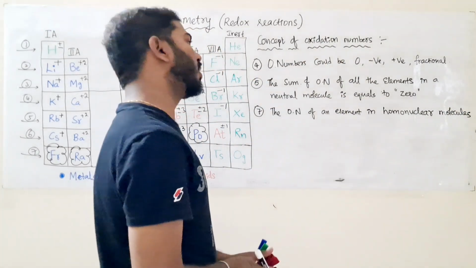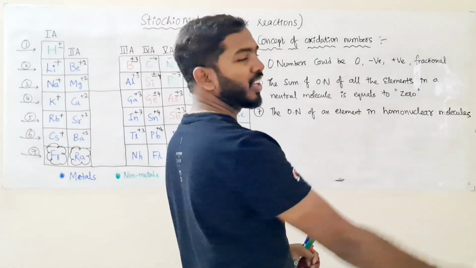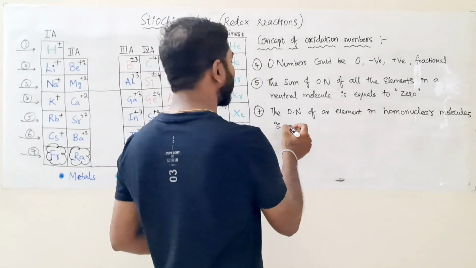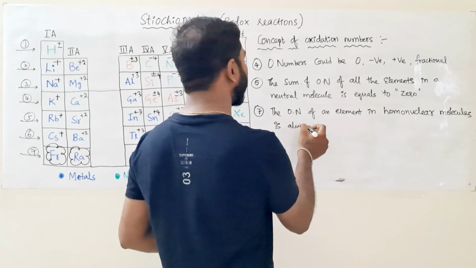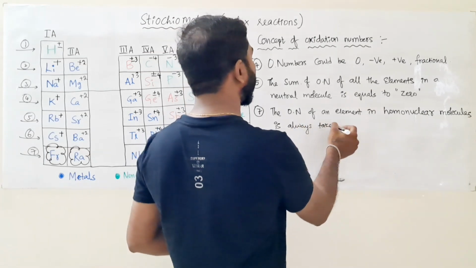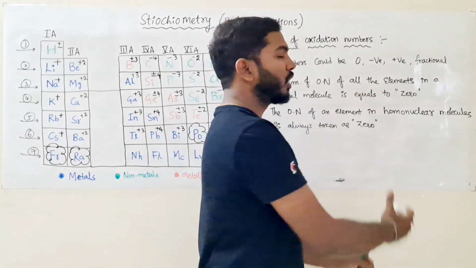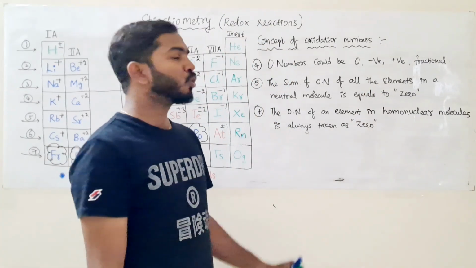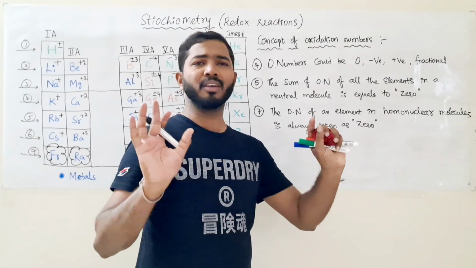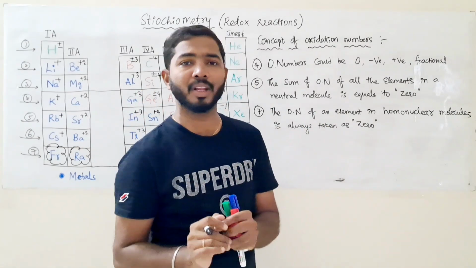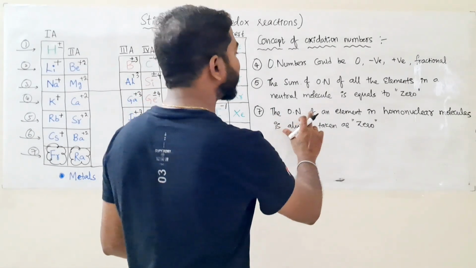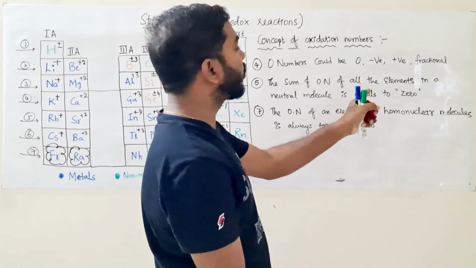The oxidation number of an element in a homonuclear molecule is always taken as 0. Okay, so I've been giving you so many points here. So try to understand them. No need to memorize them by heart, no need to remember them. Try to understand.